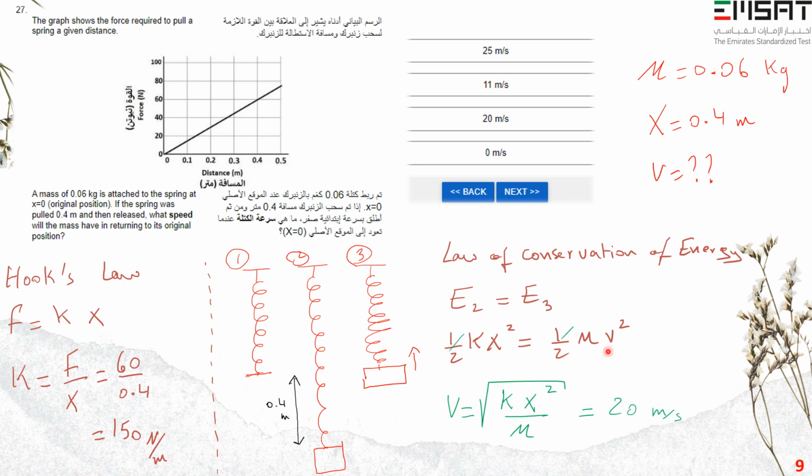So you arrange the equation, and then v will be equal to the square root of kx squared over m. k is already calculated here: it's 150, multiplied by the extension, 0.4, squared, divided by the mass, which is 0.06 kilogram. And the answer is 20 meters per second.